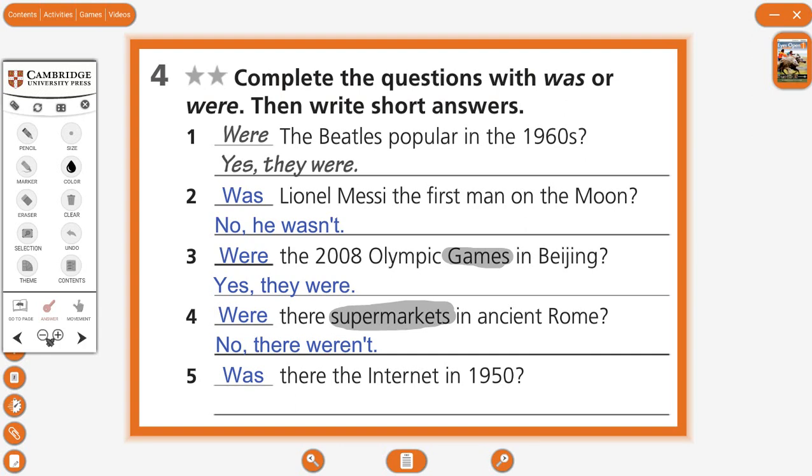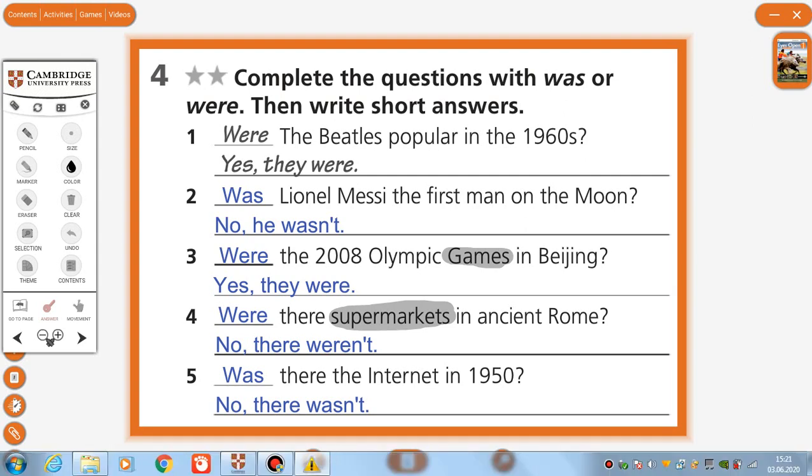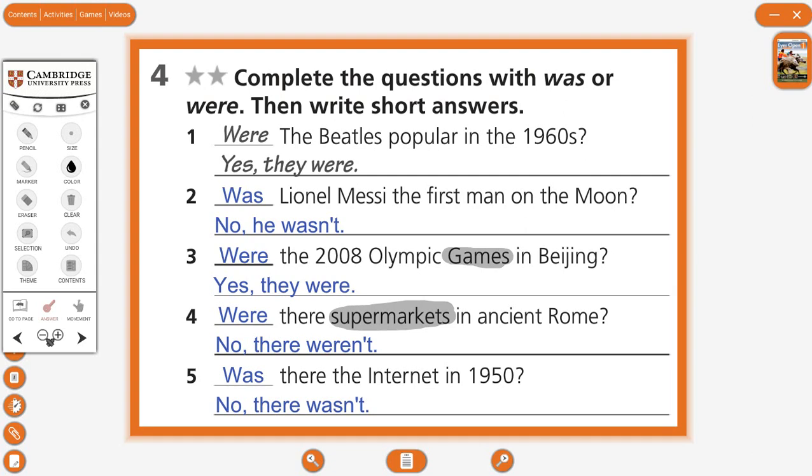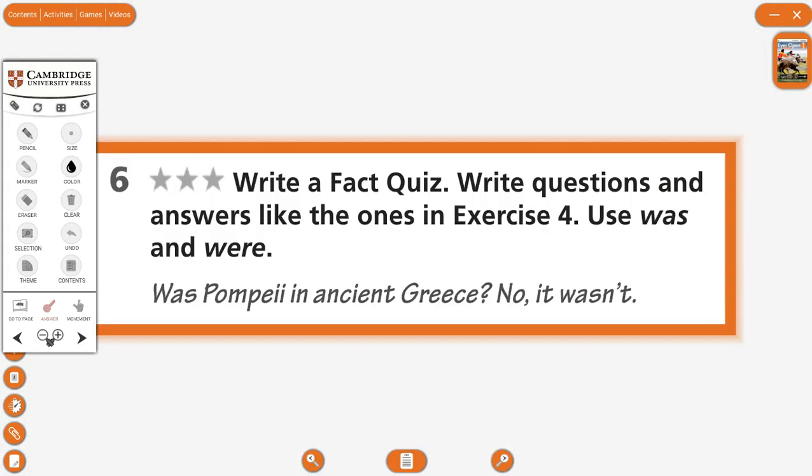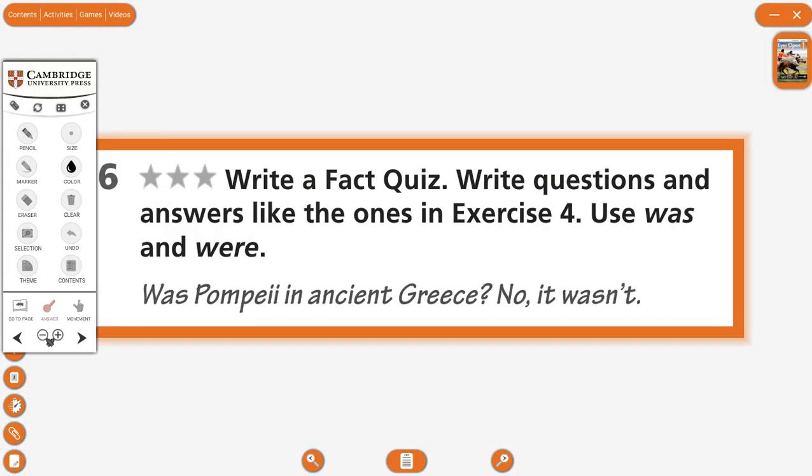No, there wasn't. Now you can check your answer. Okay, I passed the other exercise. Exercise 6, you will do exercise 6 on your own.